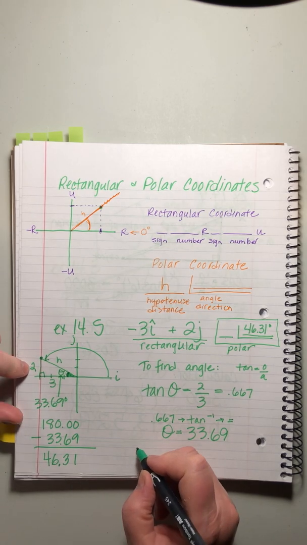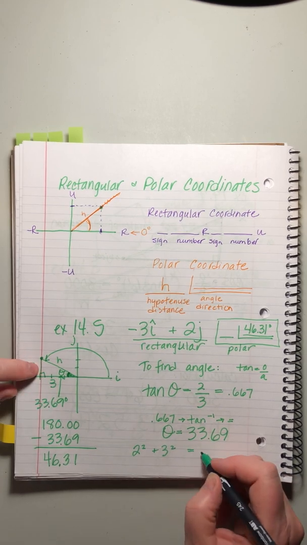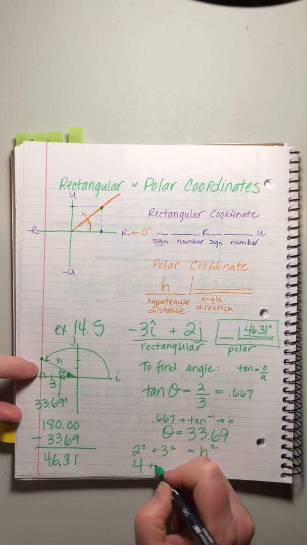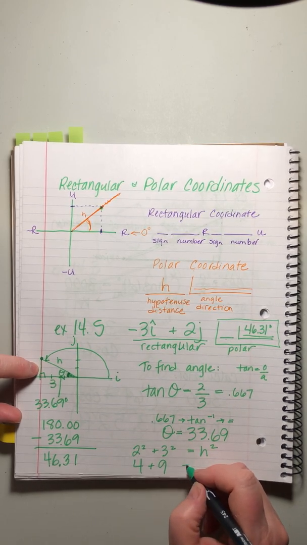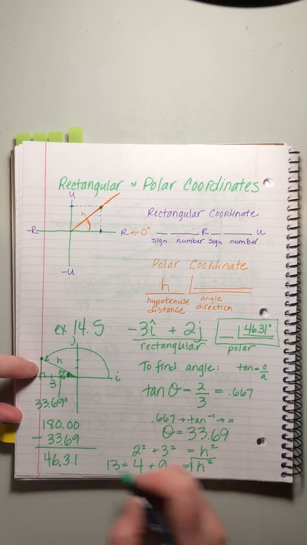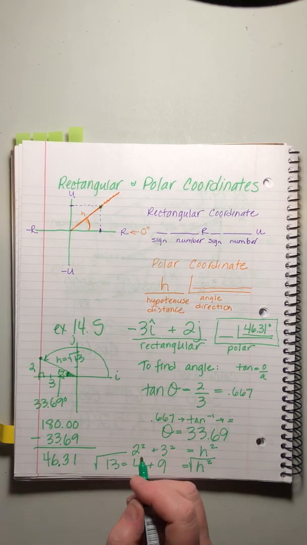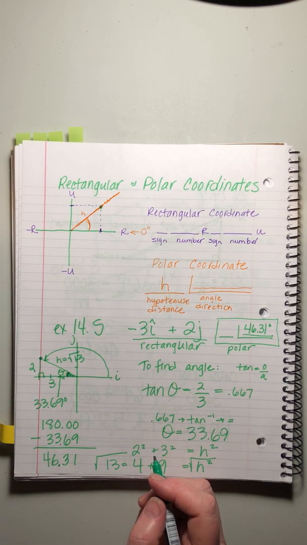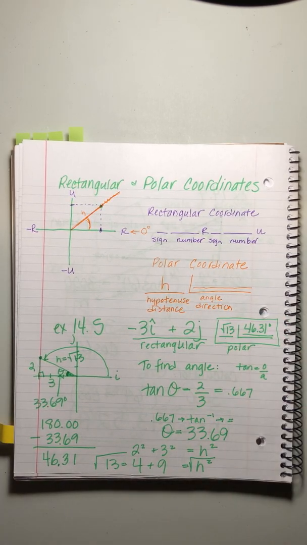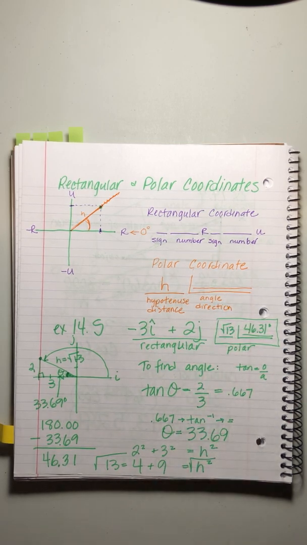And so we can say that 2 squared plus 3 squared, those are my two legs, equals h squared. So 4 plus 9 equals h squared. That equals 13. And then we take the square root of both sides. So h equals the square root of 13. All right, so there is one form of the answer.